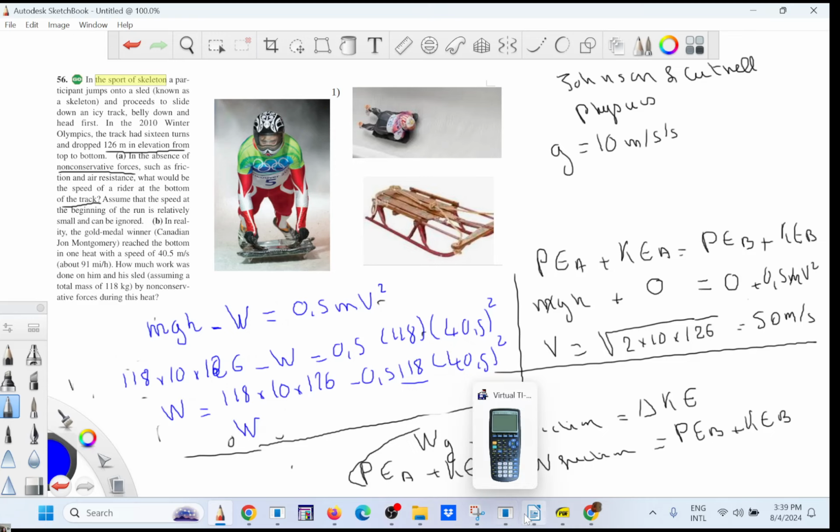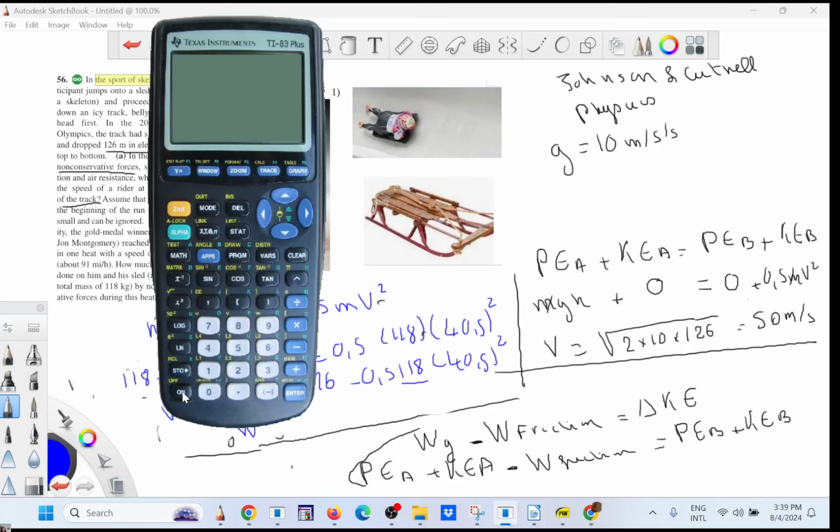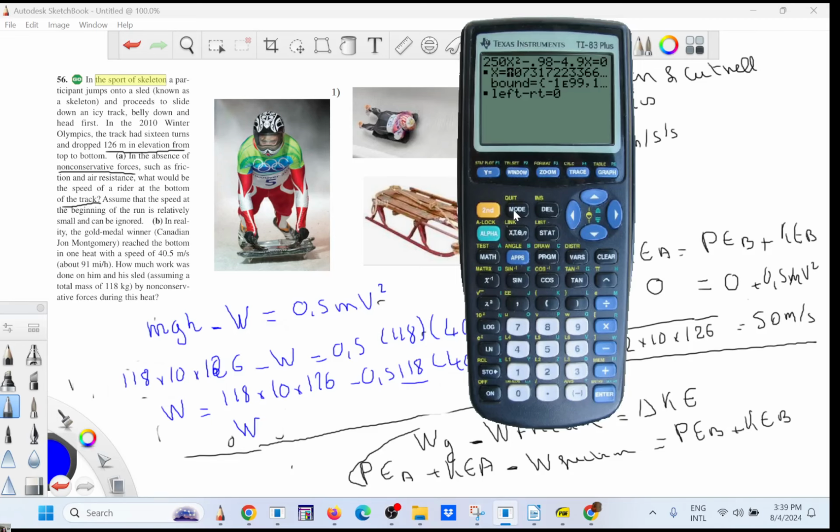You can do the computation. I think you can do it on your own. So it's going to be 118, and then factor out, so 126 times 10, minus 0.5 times 40.5 squared.